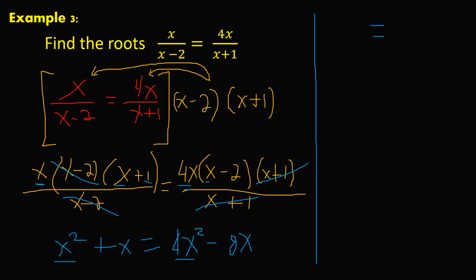On the right side, 4x squared is to be joined by x squared, so we have 4x squared minus x squared, then negative 8x is to be joined by negative x. So nothing has remained on the left side, so it's 0. Again, 0 equals 3x squared minus 9x.